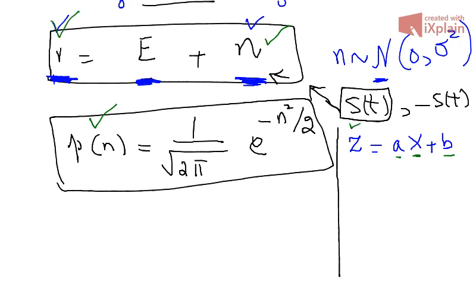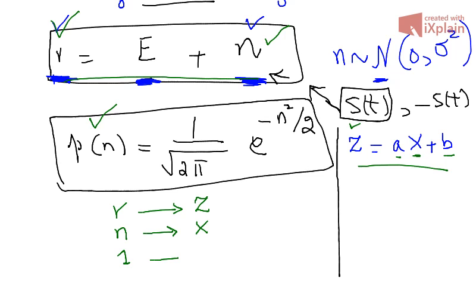So if you compare this equation with this one, your R corresponds to z, n corresponds to x, a random variable here, a is equal to 1 with unity variance, and the E in this equation corresponds to b.